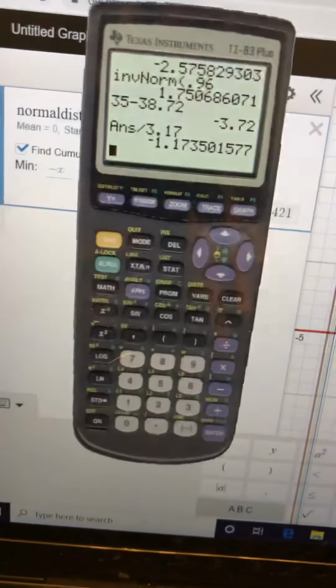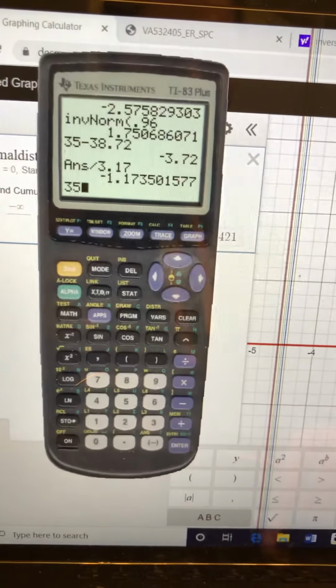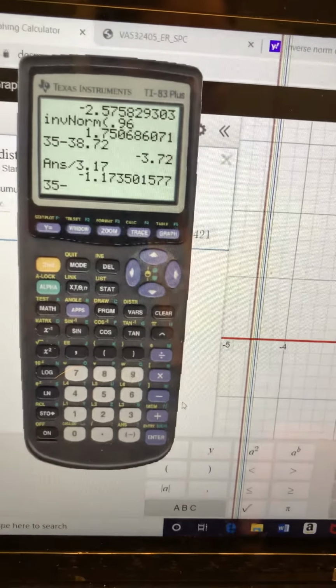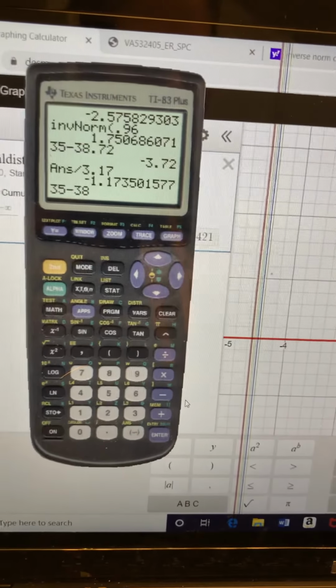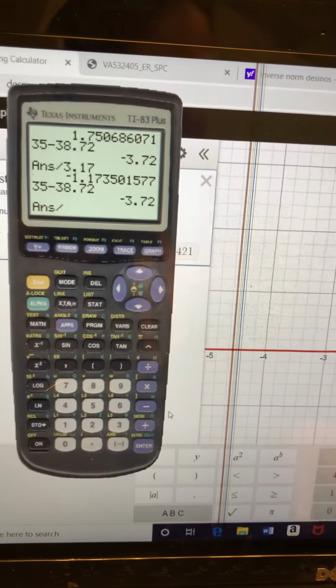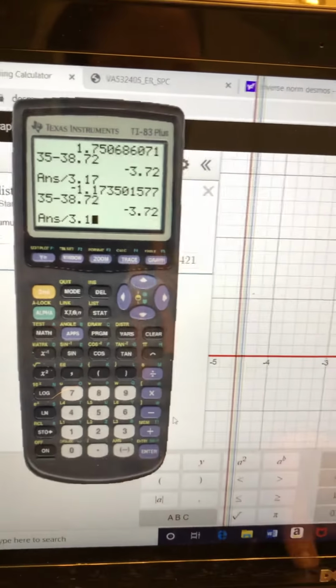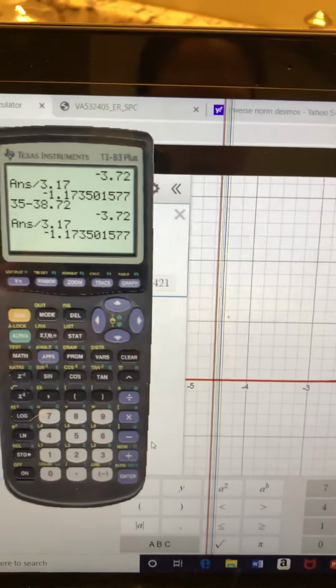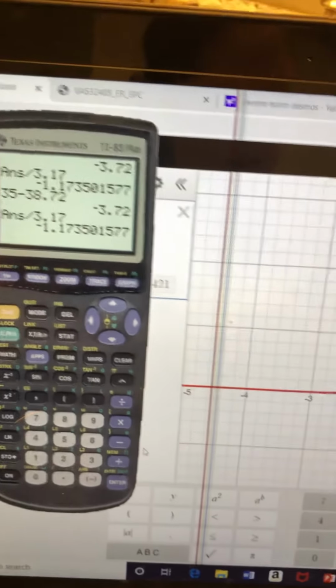Okay, so 35, let me go to my calculator. So I've got 35 minus my mean of 38.72 divided by 3.17 equals negative 1.17. Oh, I already did that one. I'm just typing it again.